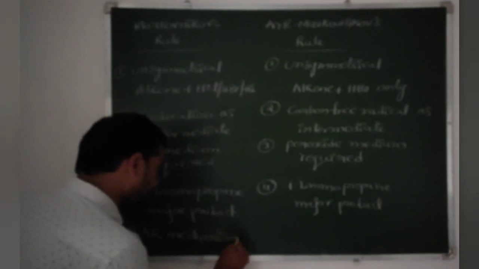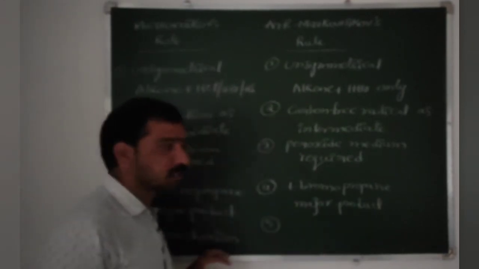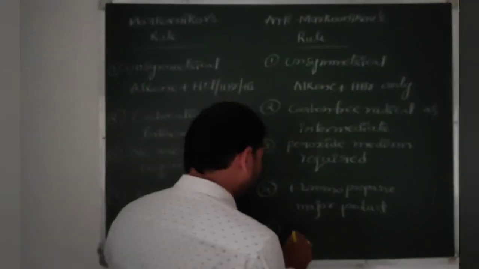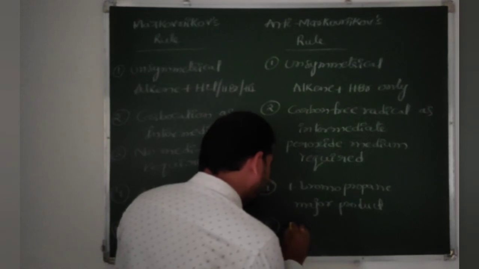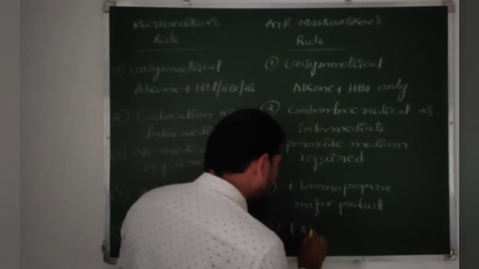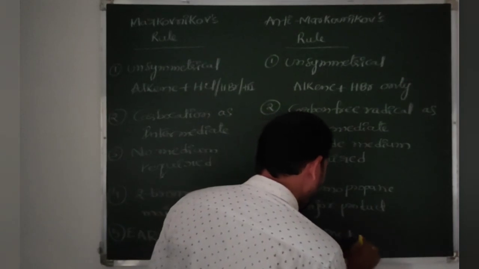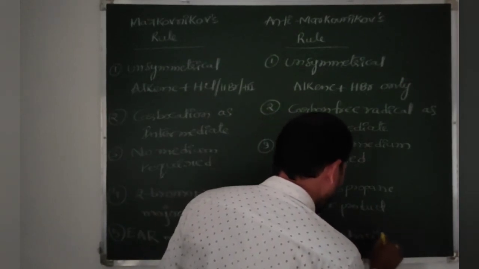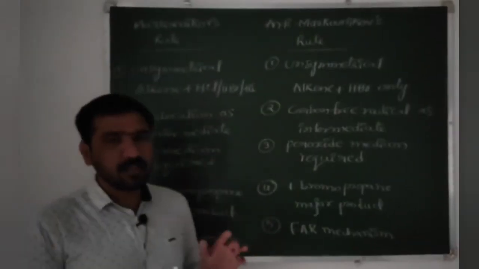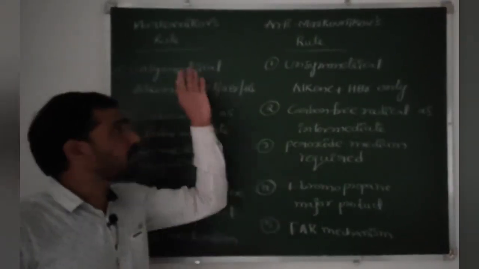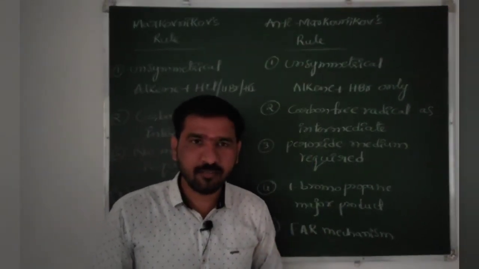Then coming to the anti-Markovnikov rule, the last point is that the reaction mechanism differs here, that is a free radical addition reaction mechanism. Is it clear? So these are the main differences between the Markovnikov rule and the anti-Markovnikov rule. Is it clear? Thank you.